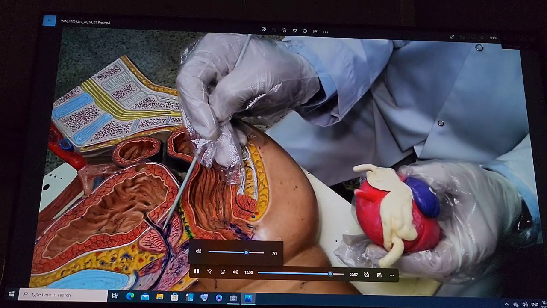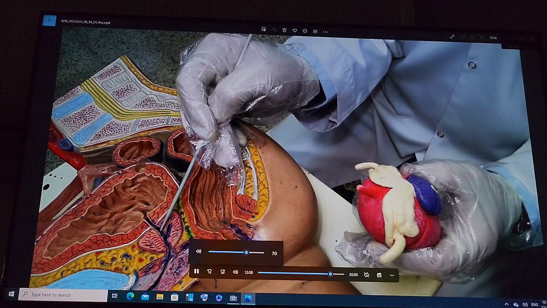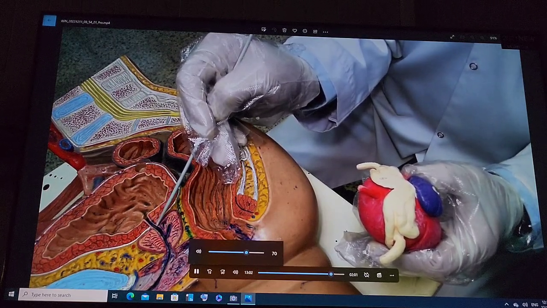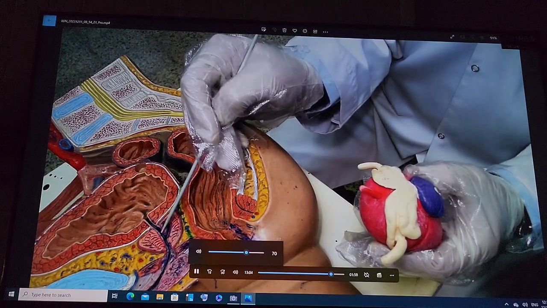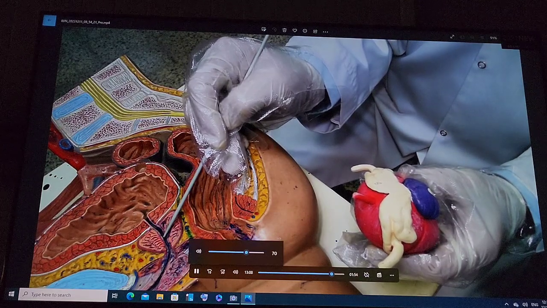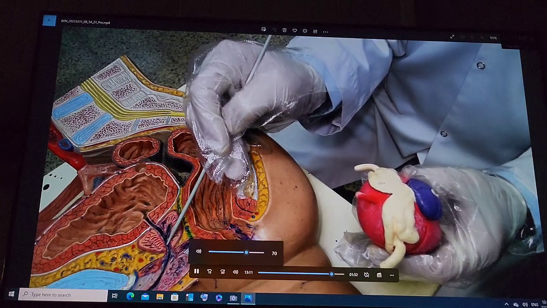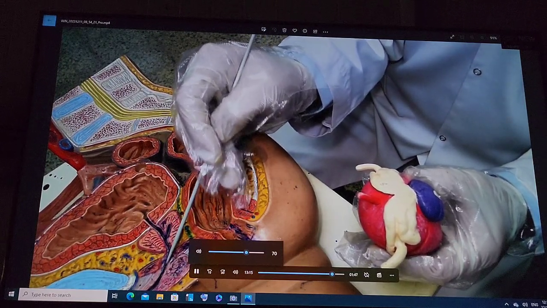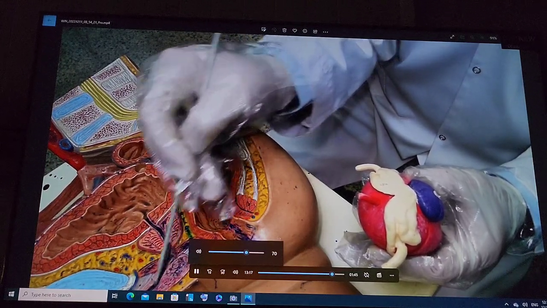It extends from the internal urinary meatus here to the anterior aspect of the prostate, just above the apex of the prostate, and is continuous as the membranous urethra, then down into the penile urethra.